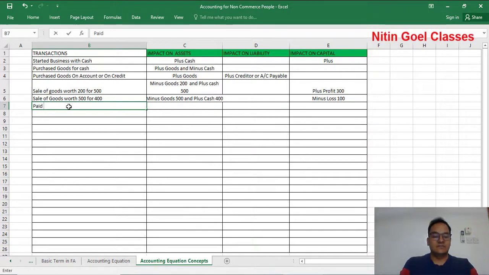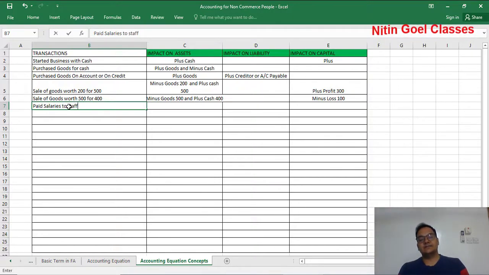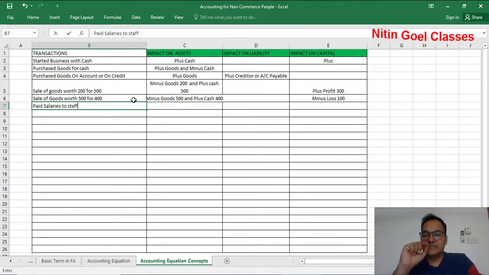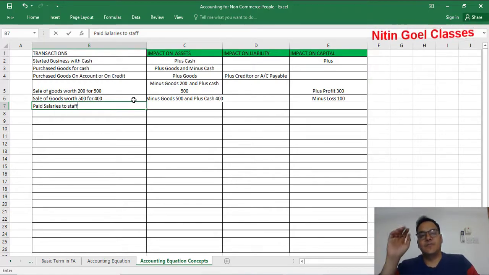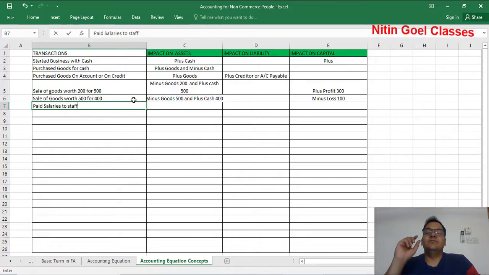Paid salaries to staff. Now what happens in the case of salaries? Whenever you have any expense, see the impact of expense on profit or loss. Are you understanding? If my expenses are there, what will happen to profit?